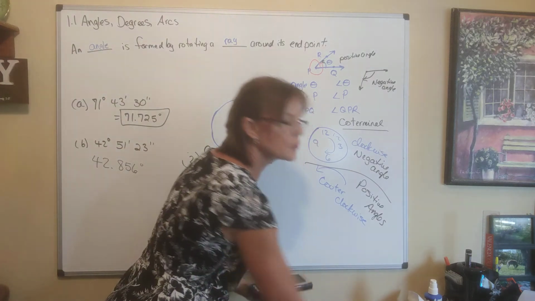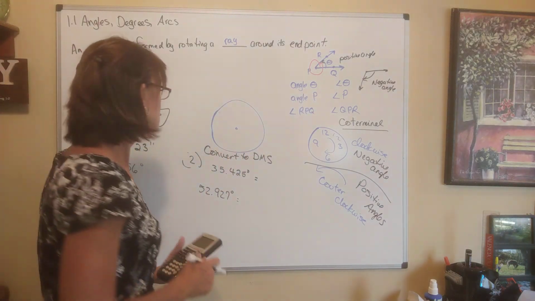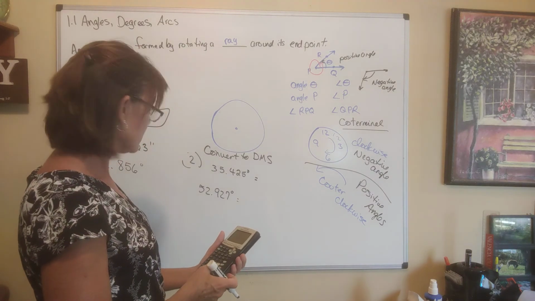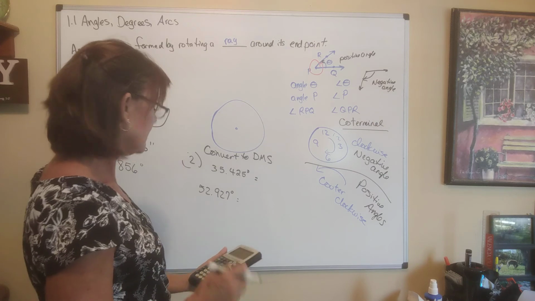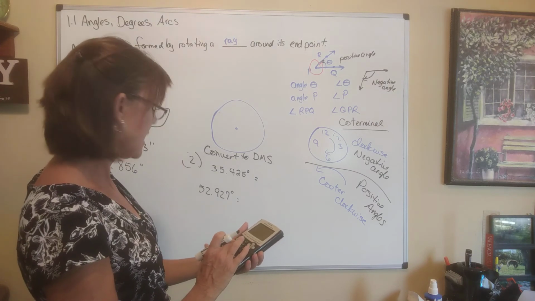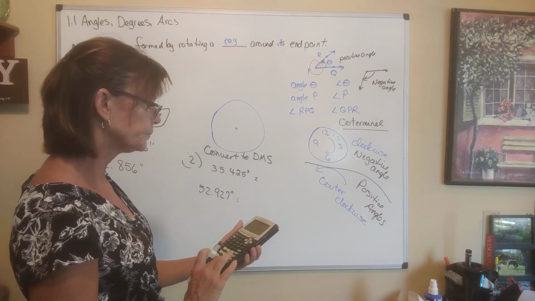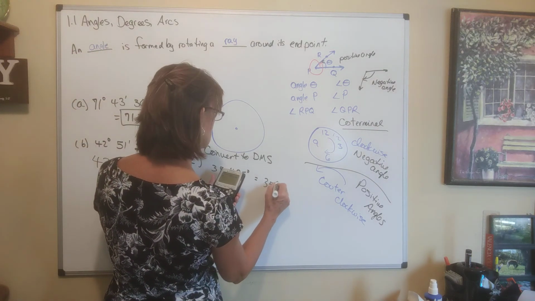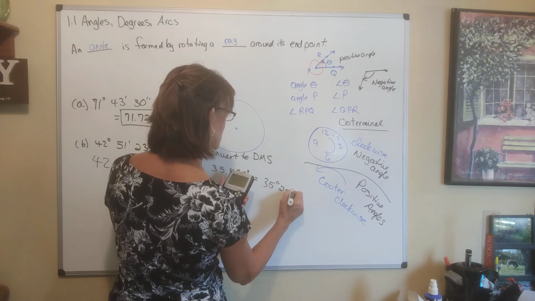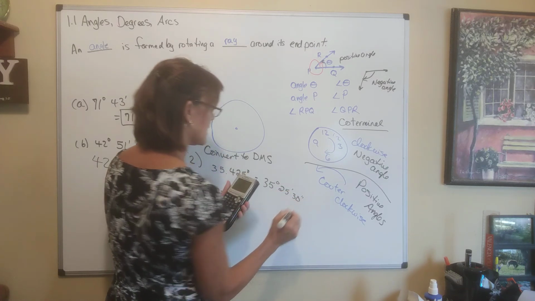And this is really simple. You just put it in your calculator. So I'm just going to say 35.425. Then I'm going to hit second, angle, select number 4. And this easily converts it into 35 degrees, 25 minutes, 30 seconds.